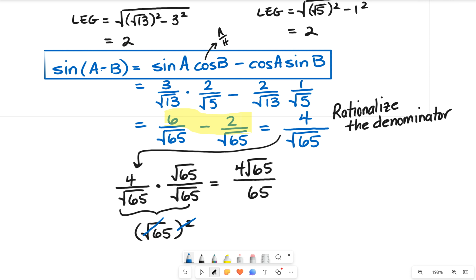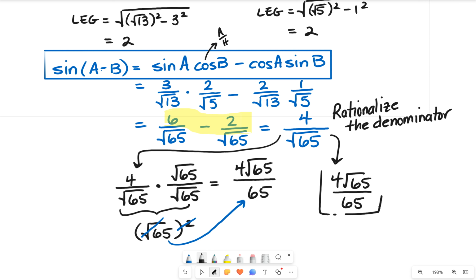The squared and the square root undo each other to end up with 65 being isolated. So the final answer to this problem would be 4 square root of 65 over 65. And it can't be simplified any further, so we stop right there.